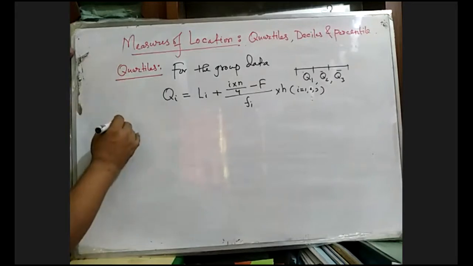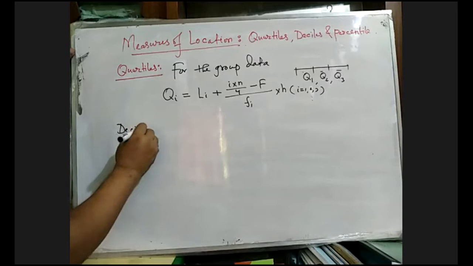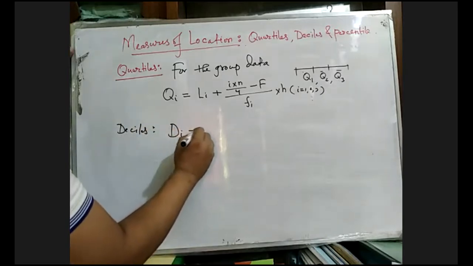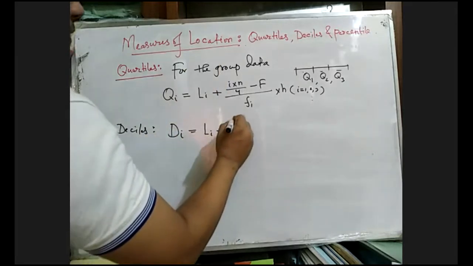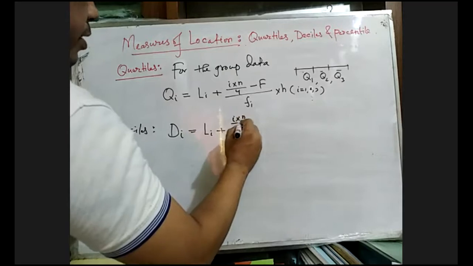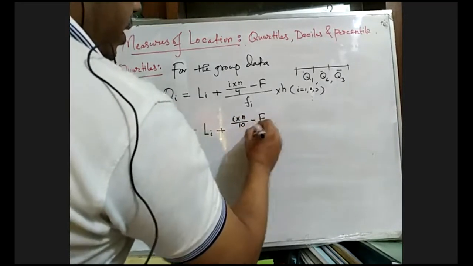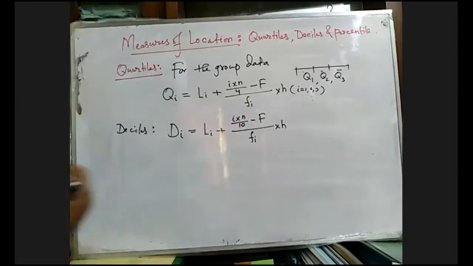Similarly, for decile, we can write Di equals, for the group data, Li plus i multiplied by n divided by 10, and small fi, multiplied by the length of the class interval.